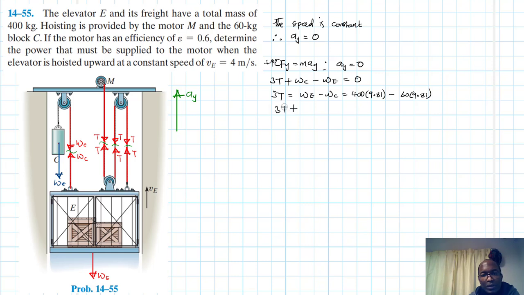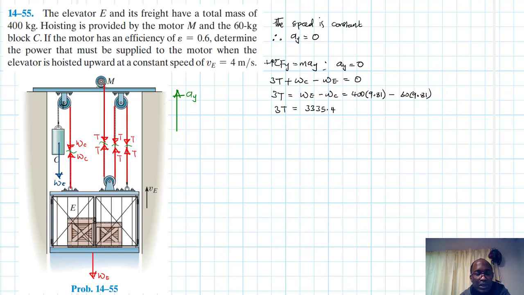Therefore, 3T is just equal to 400 by 9.81 minus 60 by 9.81. So this we get 3335.4. Okay, so now we have found 3T.